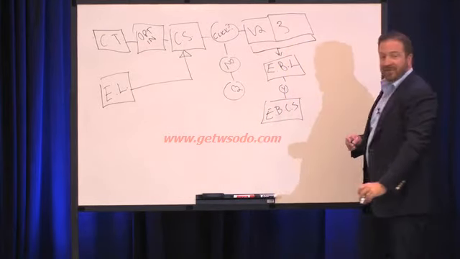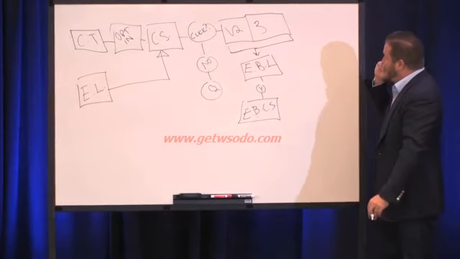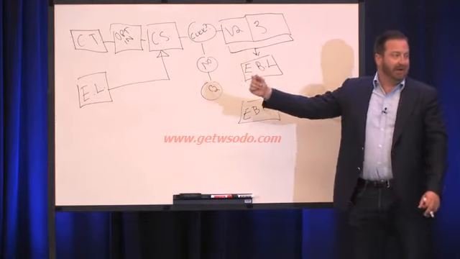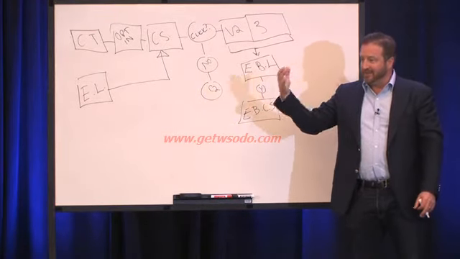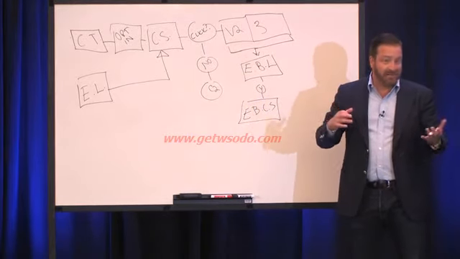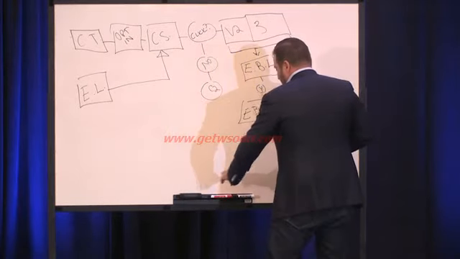Okay? You with me so far? Okay, cool. I'm going to run out of room on this, so I'm going to have to erase all of this stuff. All right? If at any point here they buy, they're out of the campaign. It's automatically going to take them out of that particular campaign. They're not going to get all the other launch stuff. They'll just get all the other stuff, but not within the context of this campaign.